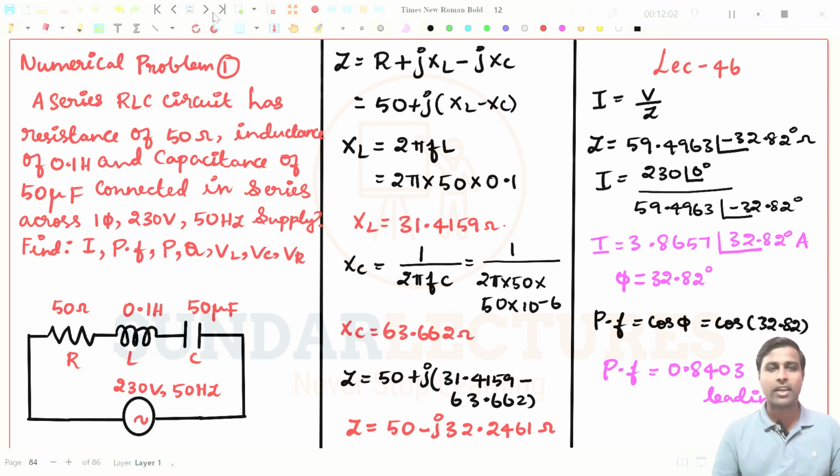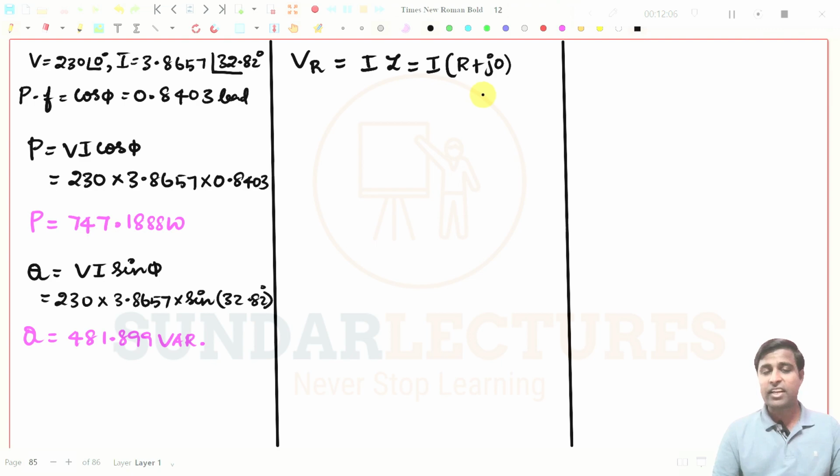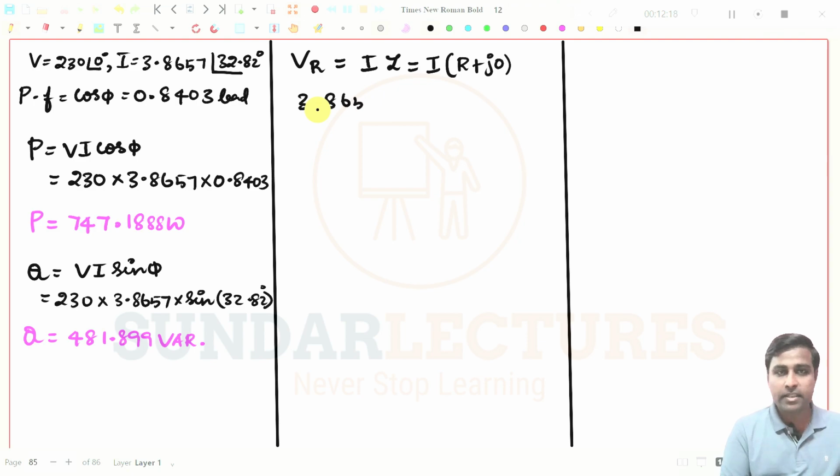So what I am doing here, I have just taken it as R plus j0. I'm just going to substitute. What is the I value here? It is nothing but 3.8657 at an angle of 32.82 degree into, what is the value of R? That is given as 50.